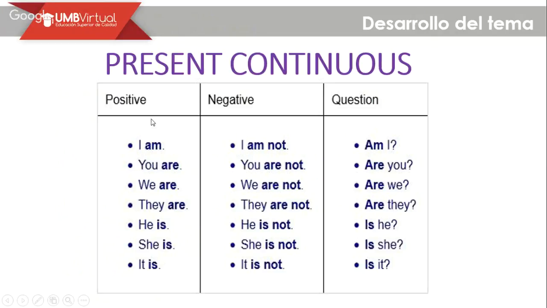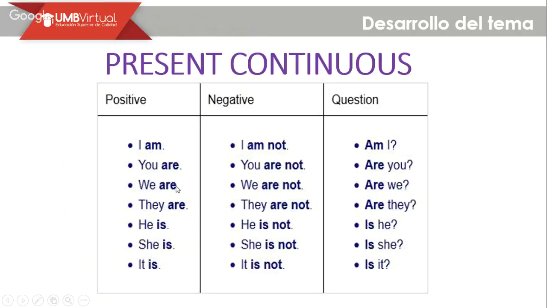For instance, we're going to make some examples taking into account this chart to see not only the use but also the uses that we can make according to this grammar topic. So here we have we are, he's not, and is she.